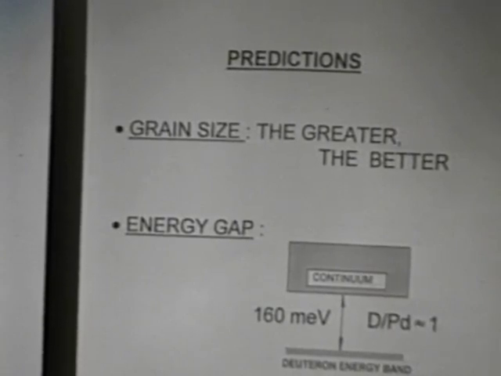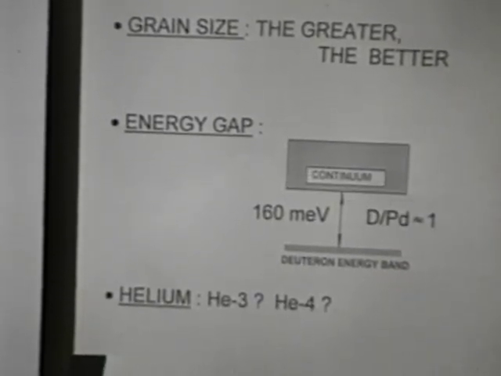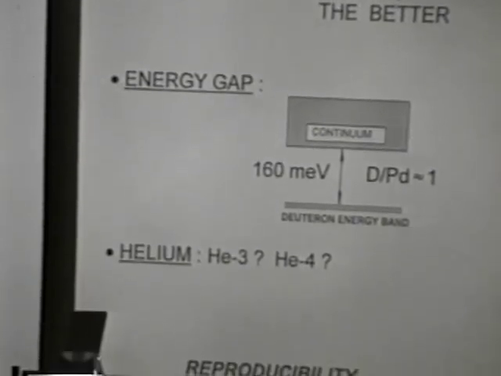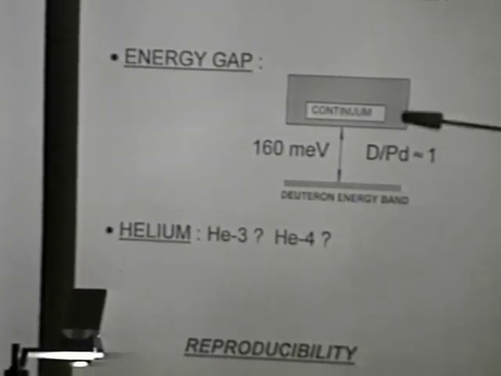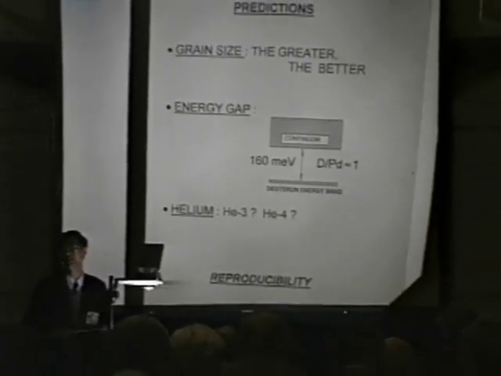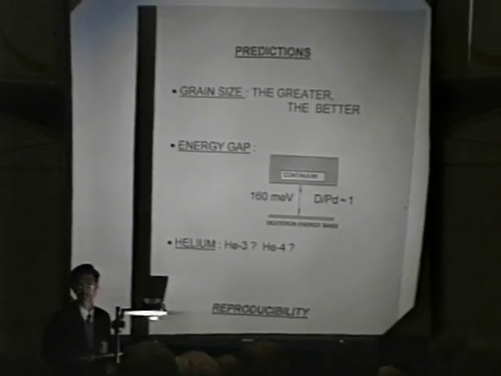The second, in order to have a condensation from the excited state to the ground state, we need a kind of energy gap. Based on the experiment data, we know the threshold for the loading ratio is about 0.885 or 1. Based on this number and the density of palladium, we can calculate the width of this energy gap.